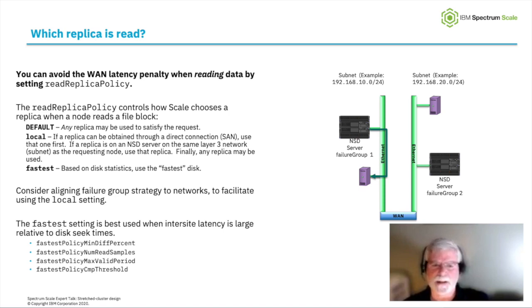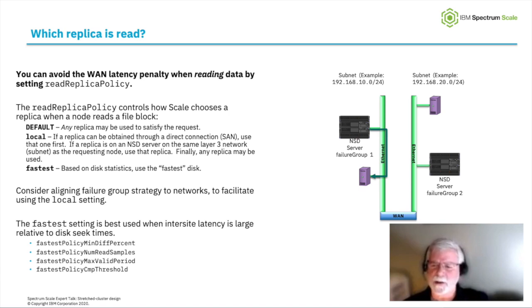Right? And so NSD clients will first attempt to read from a disk from an NSD server found on the same layer 3 subnet as the NSD client. If it's not possible to use the local setting, because your network architecture doesn't match this, you may be able to use the fastest setting.